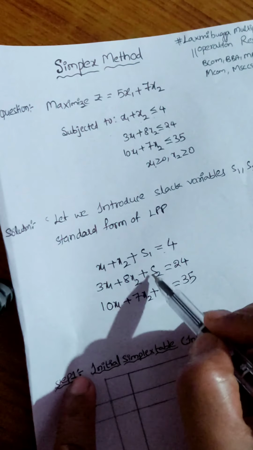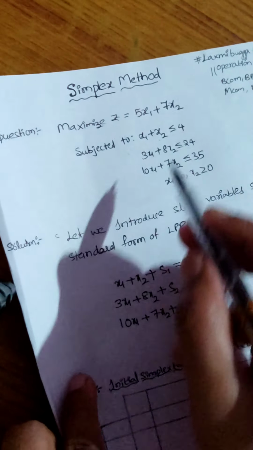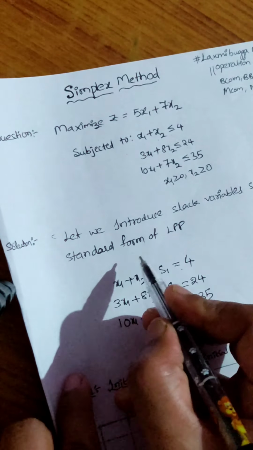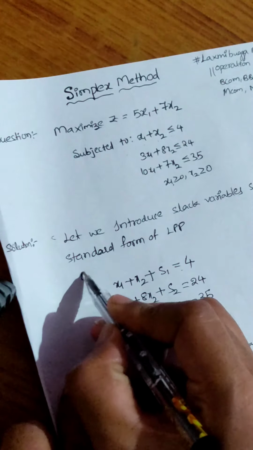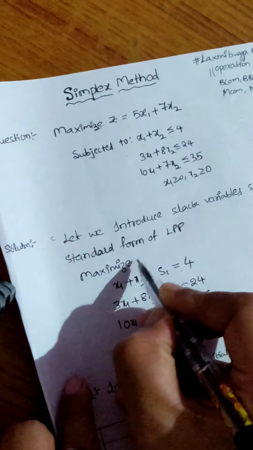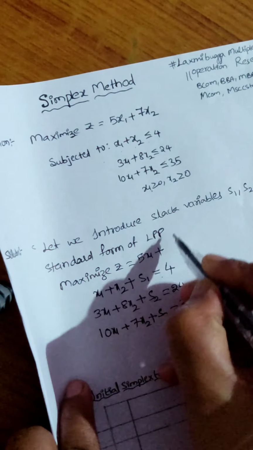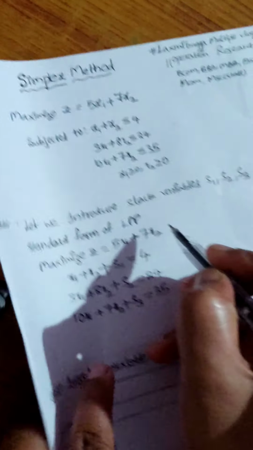When we add these slack variables, these inequality constraints are converted into equalities, and the objective function is also modified. That is called the standard form of the LPP. The objective function is maximize z equal to 5x1 plus 7x2.